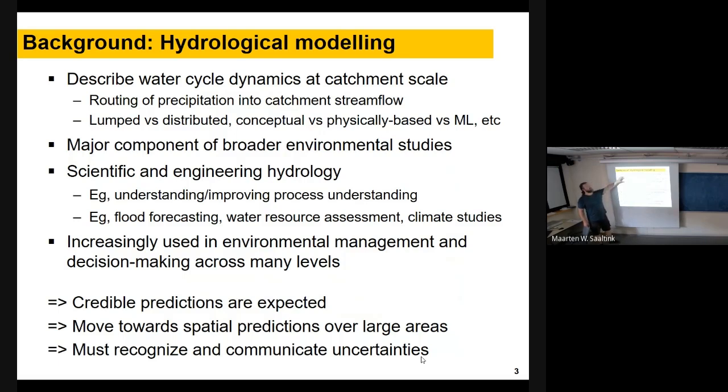Now, despite this plethora of different types of models, we would like to have some common objectives. We would like to achieve credible predictions. There's also a lot of movement towards spatial predictions over large scales, and inevitably we have to recognize the uncertainties that we have in our systems.